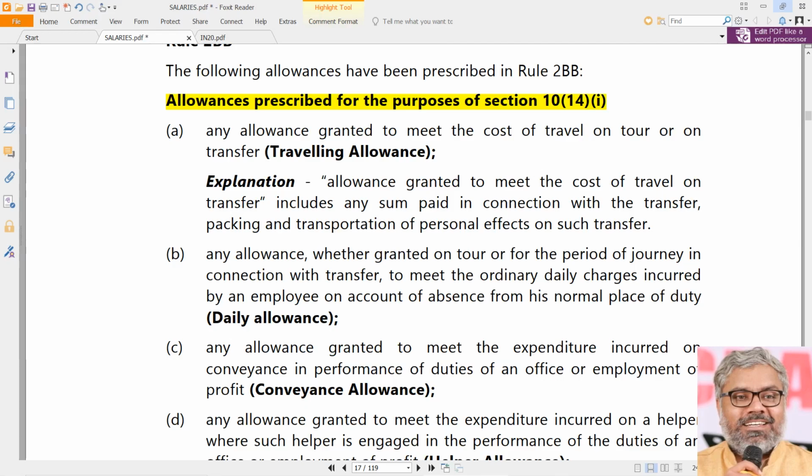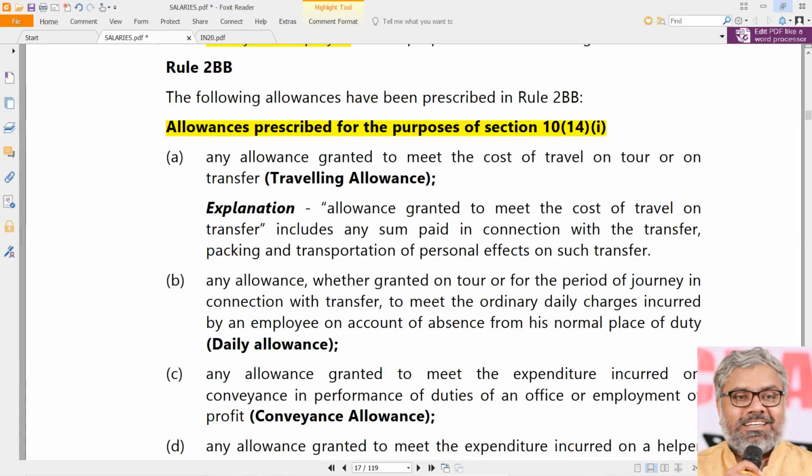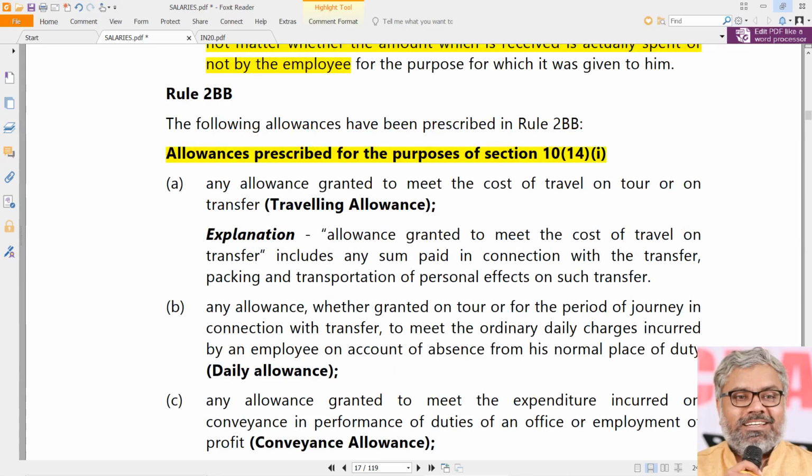Employer is giving money to the employee for performing some official duties. So that is why these allowances will be given as exemption. These exemptions will be granted on the basis of actual expenditure incurred by the employee. Why that is given, that will be told in the name itself. So you can just remember these names.